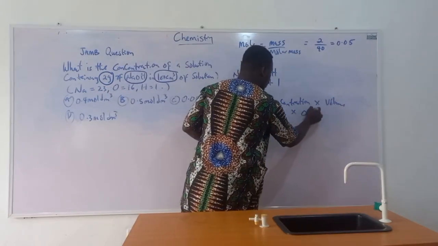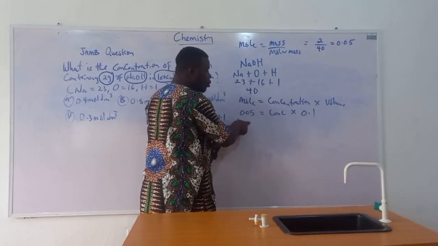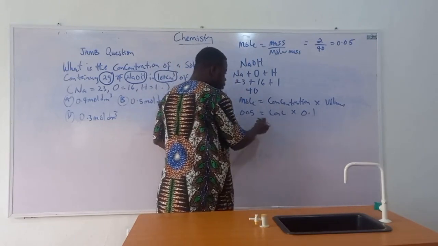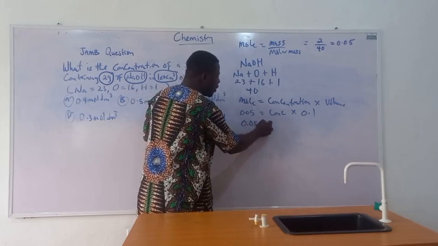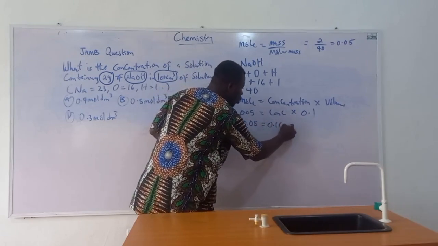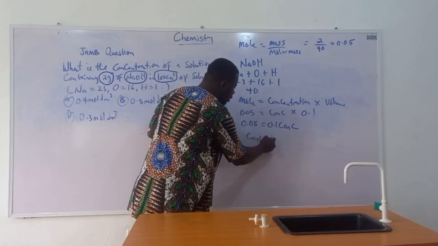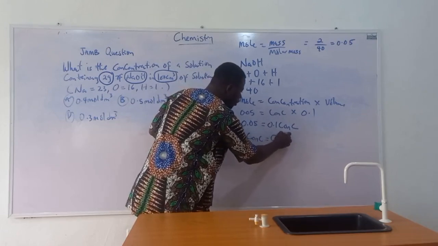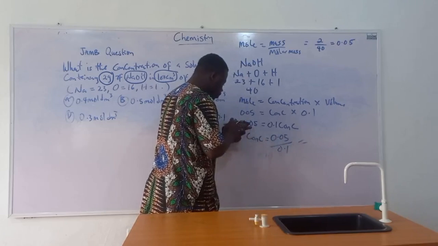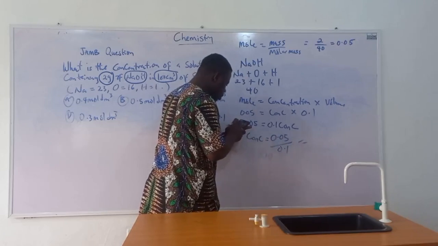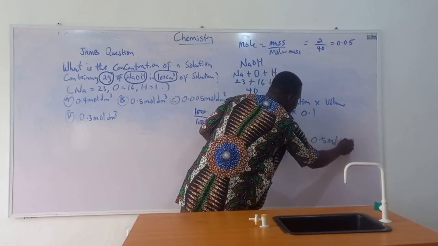So times 0.1. Now, of course, we can divide through by 0.1, or we can say 0.05 equals 0.1 conc, right? So we divide, therefore conc equals 0.05 divided by 0.1, which equals 0.5 mole per dm cube.